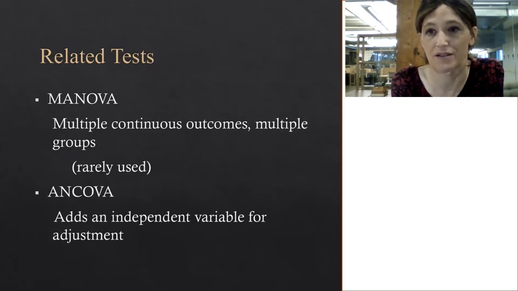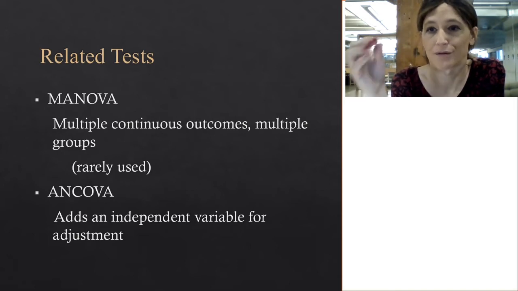Likewise, there are other tests that we can do on continuous variables with different groups. One's called MANOVA, where we have multiple continuous outcomes and multiple groups. This is rarely used, but this would be where, let's say, we not only wanted to look at cholesterol levels, but we wanted to look at something like resting heart rate at the same time, or some other continuous measure.